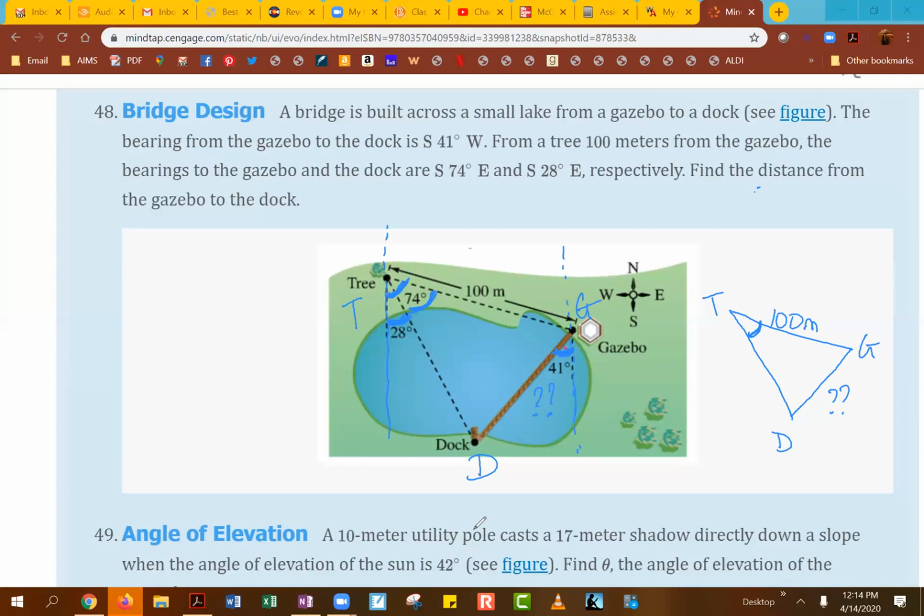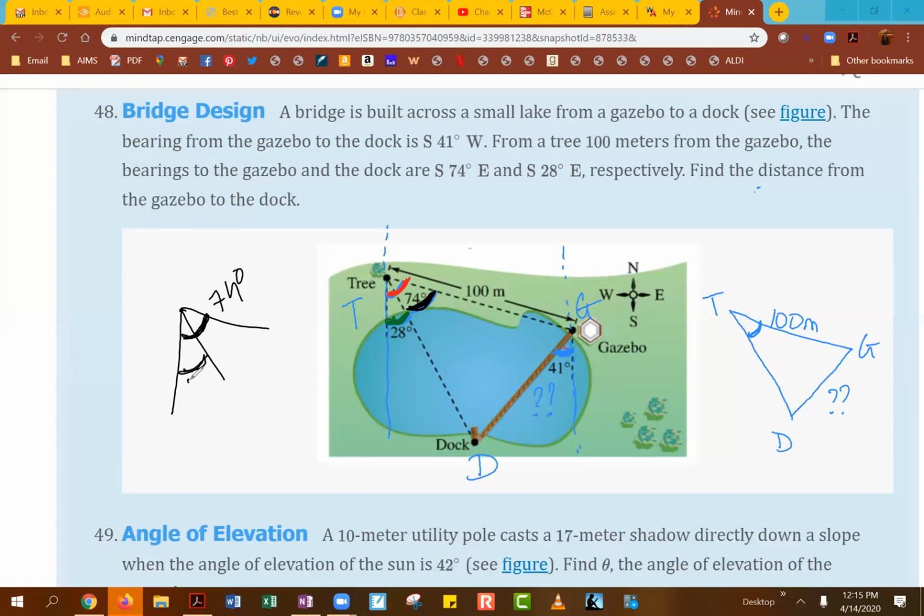Okay, let me change some colors over here. So this bigger angle is 74 degrees. This smaller angle is 28 degrees. And I'm asking you to find this angle here inside the triangle. So if the bigger angle here is 74.